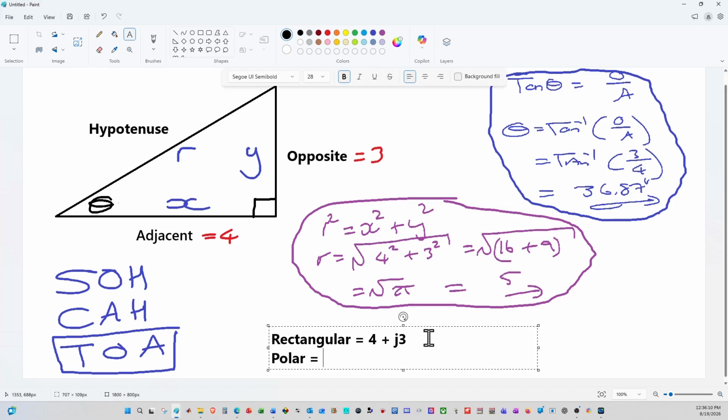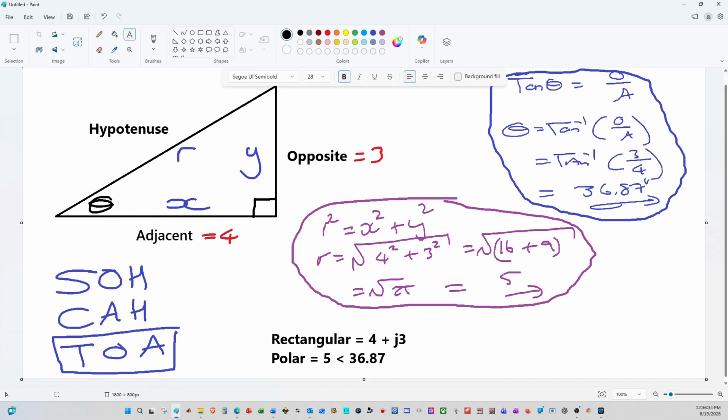In our case, the polar format is a value of 5 with an angle of 36.87 degrees. So there you can see how we've converted from the rectangular to the polar using trigonometric equations as well as making use of Pythagoras.